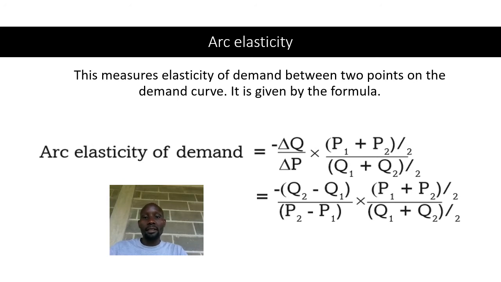So it is given by the formula: percentage change in quantity demanded multiplied by the average price of the 2 points, divided by percentage change in price times the average quantity demanded of the 2 points on the demand curve. So we are going to have some examples.